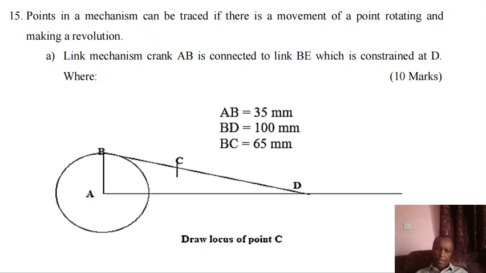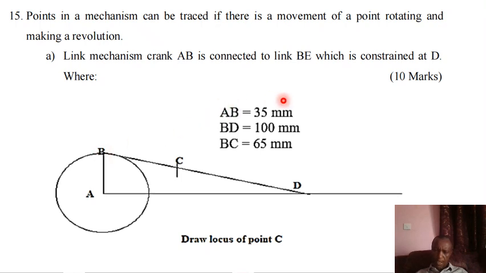So we shall start by correcting the link mechanism. In this link mechanism, the whole of this is called a link mechanism. Just the connection between all these parts is called a link mechanism. But now we are singling out the crank, which is AB, crank AB.